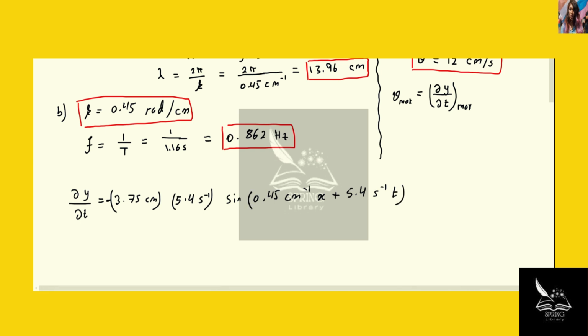And to make it maximum, the sine must be equal to 1, because the maximum value of the sine function is 1. So this is the condition here.